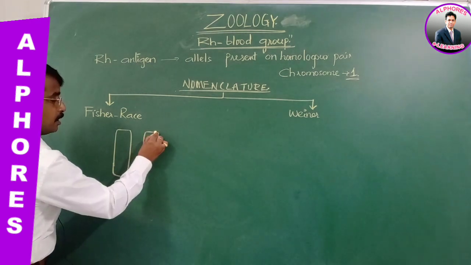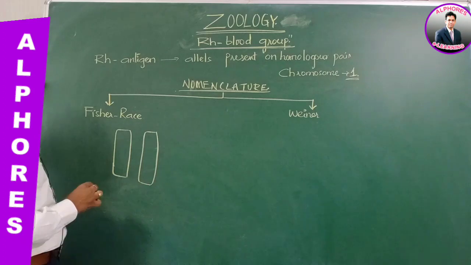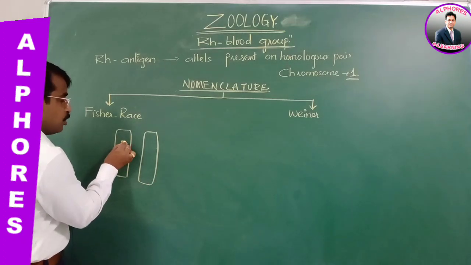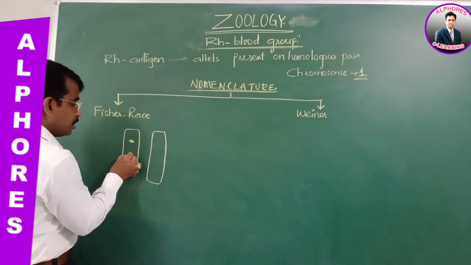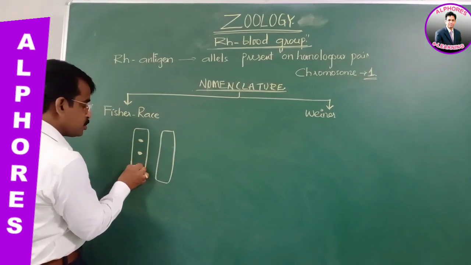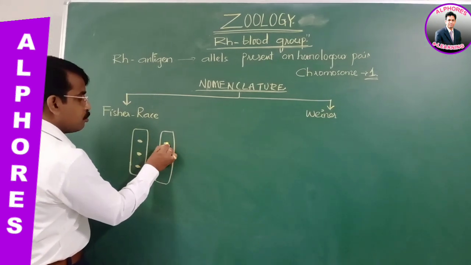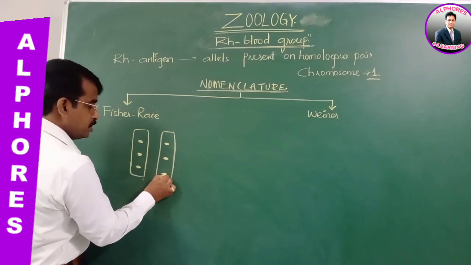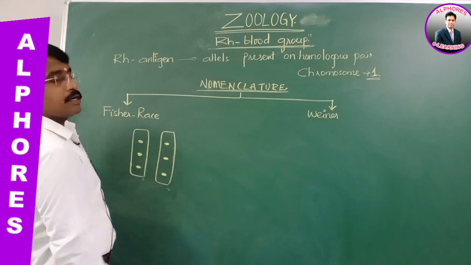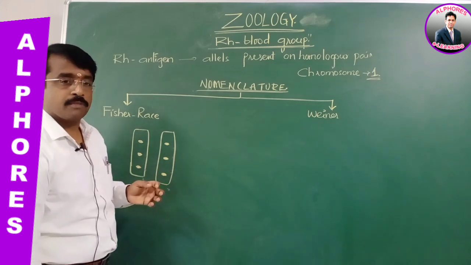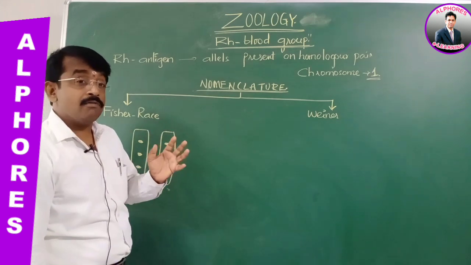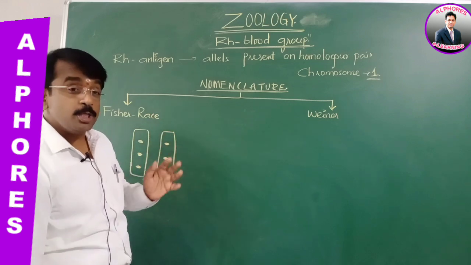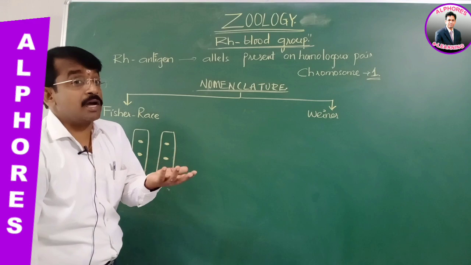look at here, this is the pair of chromosomes which have the three loci. 3 loci are present in each of the chromosome pair 1 in this connection of Rh antigen. And they have the 3 pairs of genes and each gene has 2 alleles.